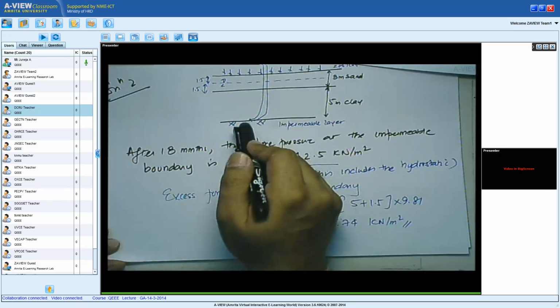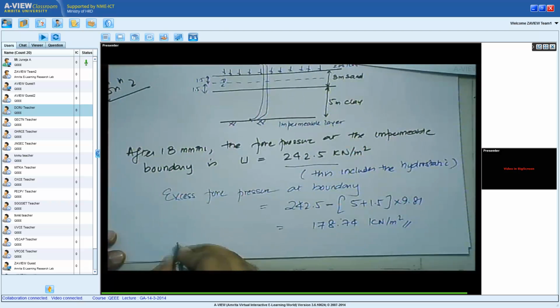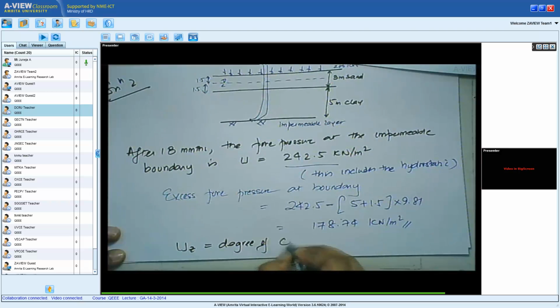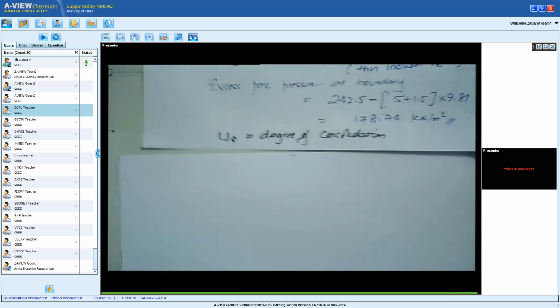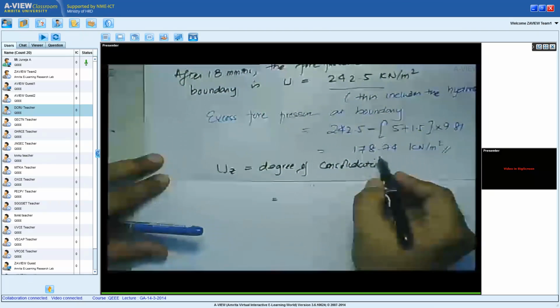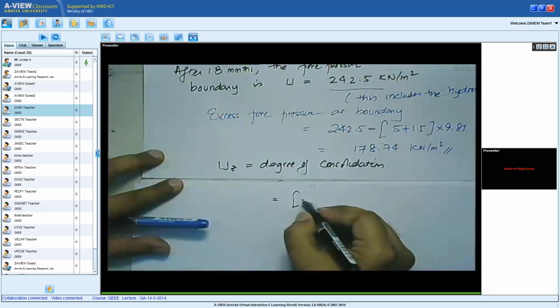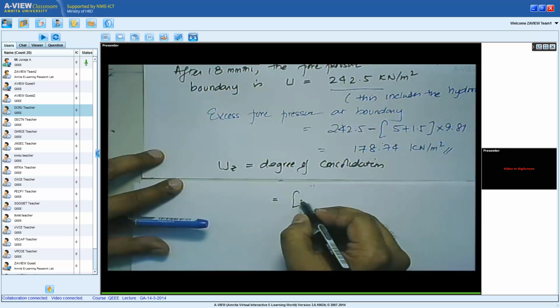So we are interested in a point. It says what is the degree of consolidation Uz at that point? Remember, excess pore pressure is 178.74. So how much consolidation is over at that point? Remember I keep repeating, at that point.